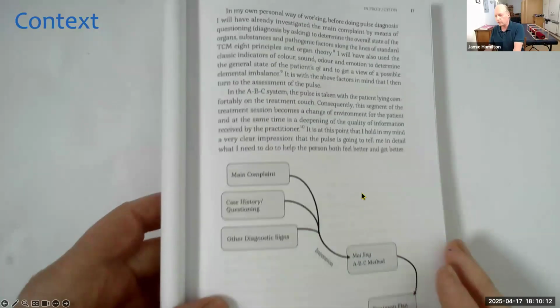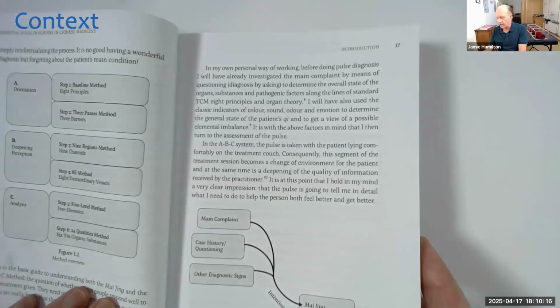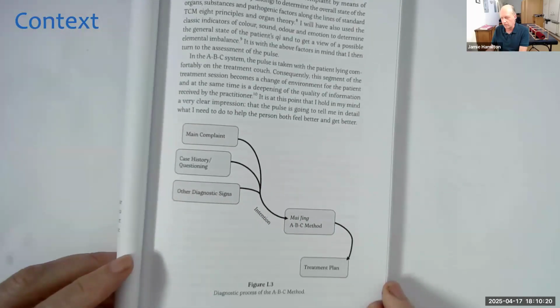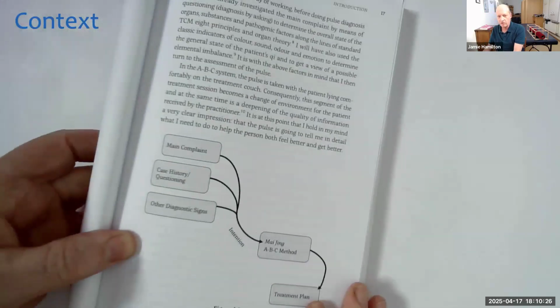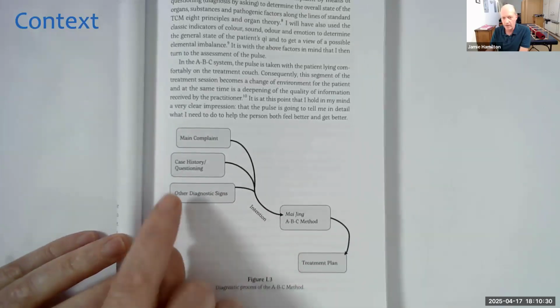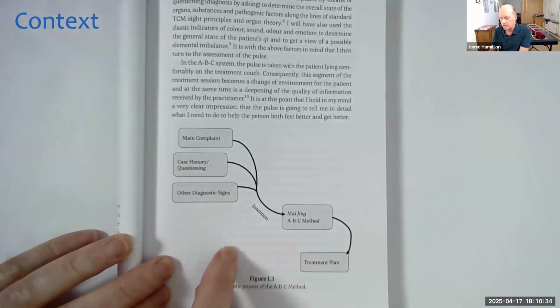Okay, so in my book, the yellow one, on page 17 is this diagram. And this is the thing I wanted to just bring up. This is to do with where the method sits within the whole flow of our treatment method.